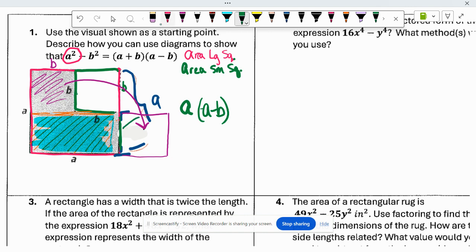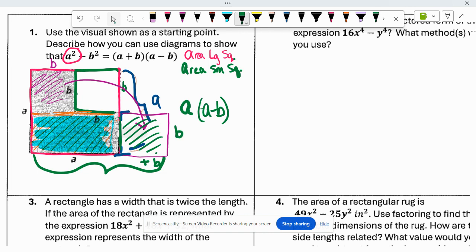And then what is the area of this shape? What is this measurement now? Isn't this now A plus B, right?